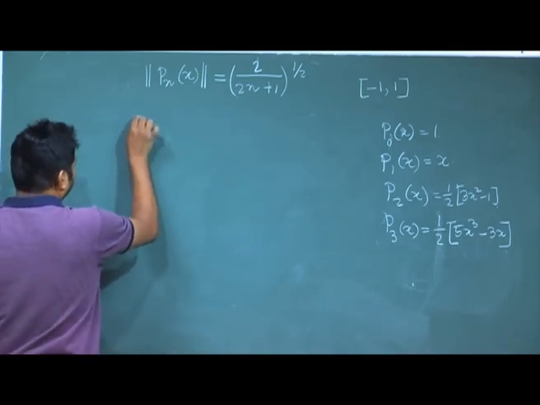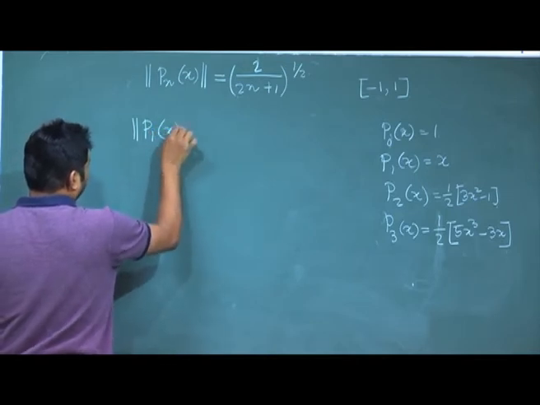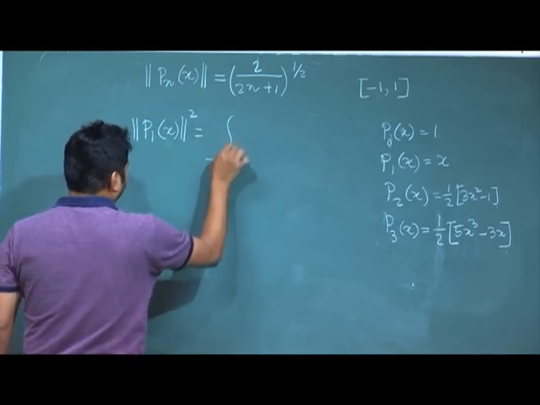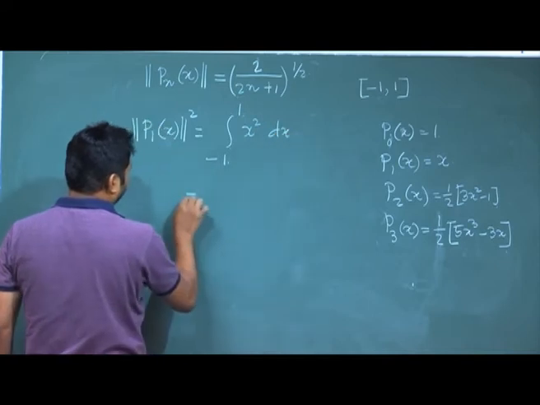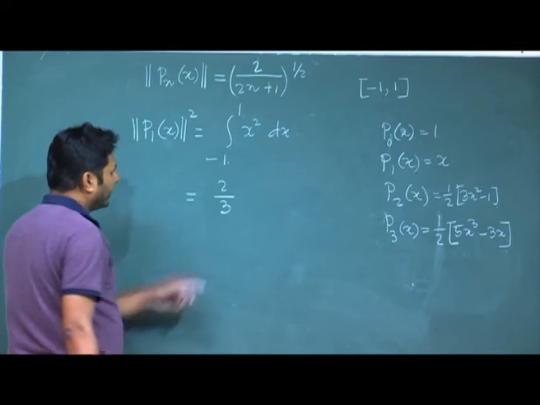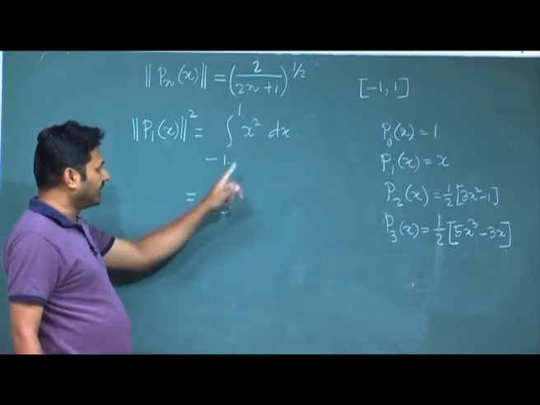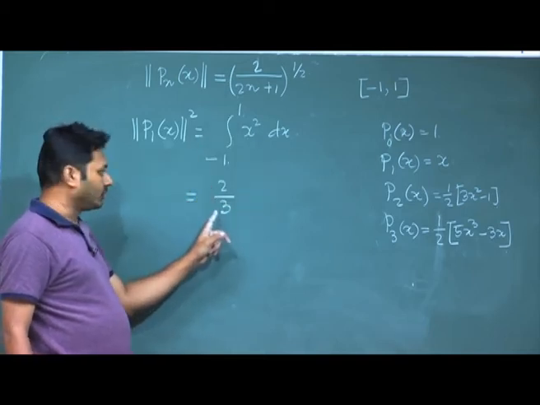So, what is the norm square of P1, x? It will be the integral from minus 1 to 1 of x square dx, which is how much? 2 over 3. If I integrate, then it will be x cube divided by 3. If I put the limits minus 1 to 1, then it will be 2 by 3.